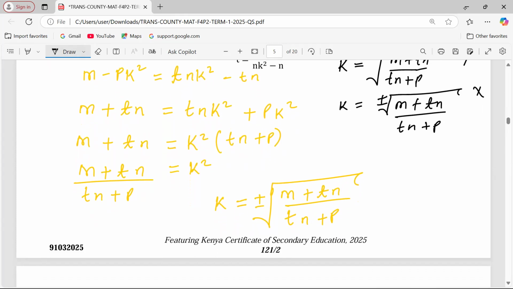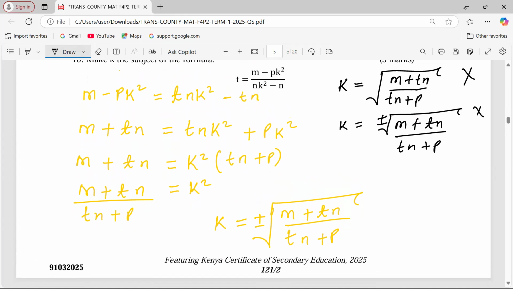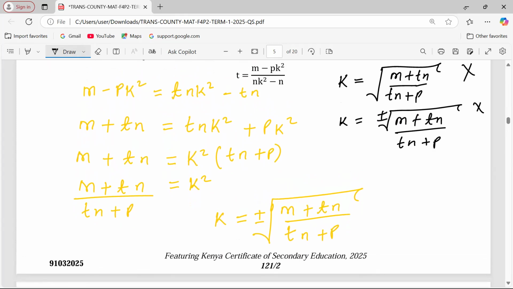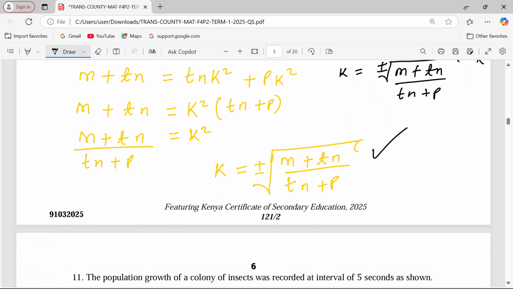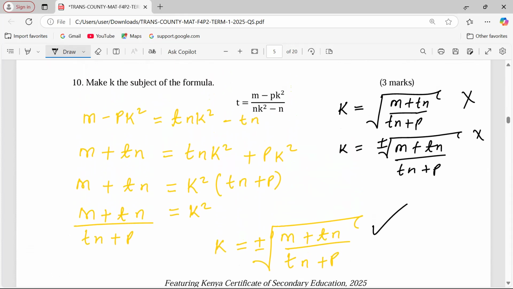The square root sign is supposed to cover both the numerator and the denominator. And you're also supposed to extend it up to the last term because it's the square root of everything. You can even have it covering but slightly on the first terms only: M plus TN out of TN plus P. You see, it is only M and TN which are under the root sign.